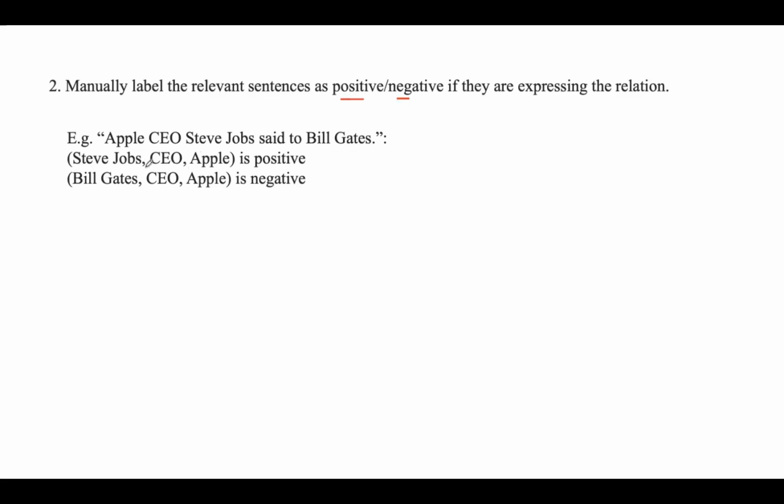Steve Jobs is the CEO of Apple, and as it is a correct statement, we can label that sentence as positive. Whereas coming to the second one, Bill Gates, CEO Apple: Bill Gates is not the CEO of Apple, so this is a negative example. In that way, we can assign labels to the sentences based on the relation.